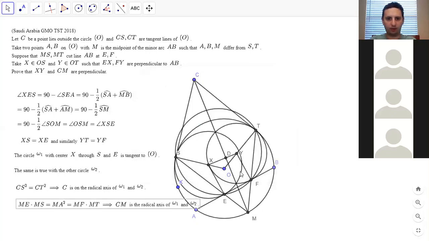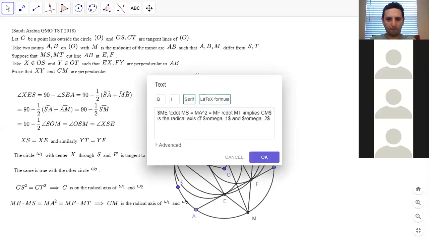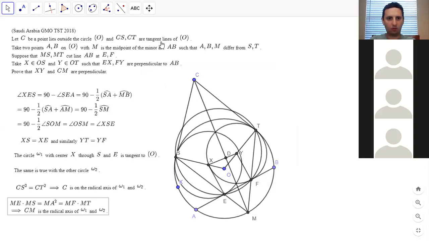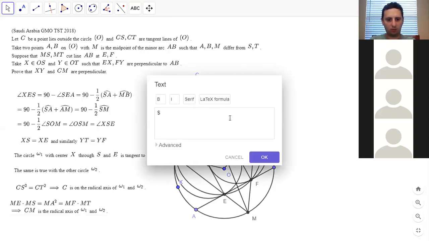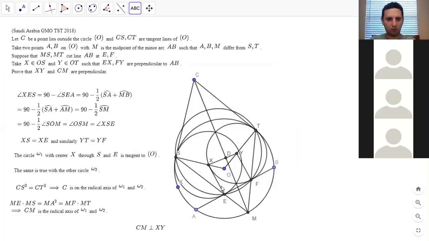And that means that CM is perpendicular to XY. See if this works. Okay. And yeah, this is obviously true.